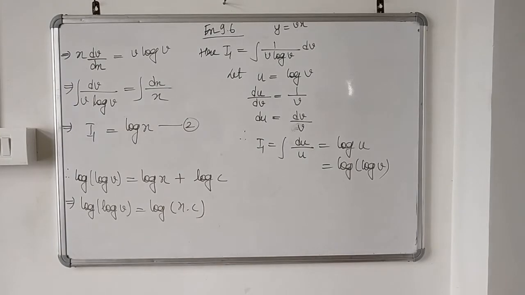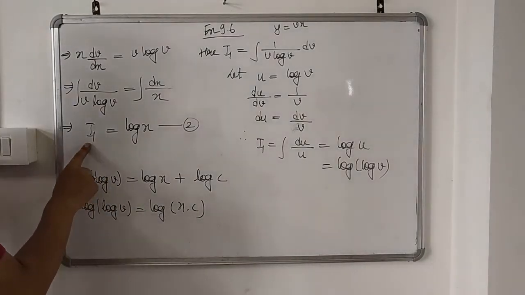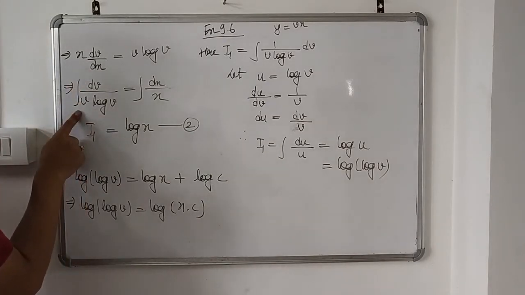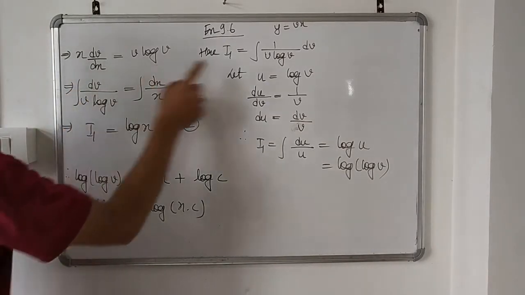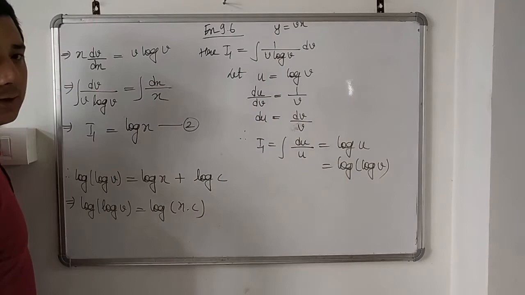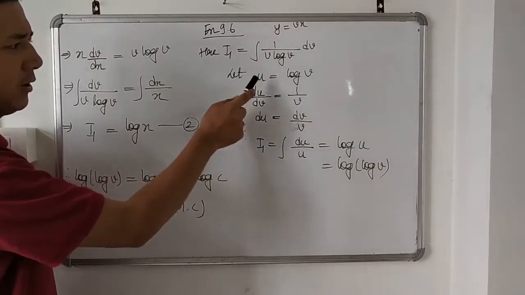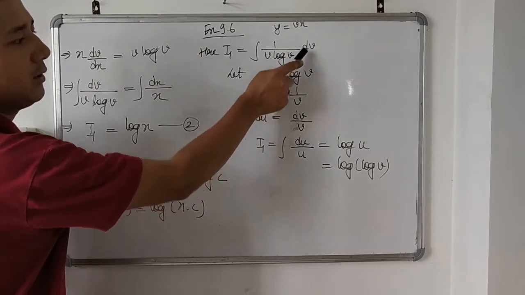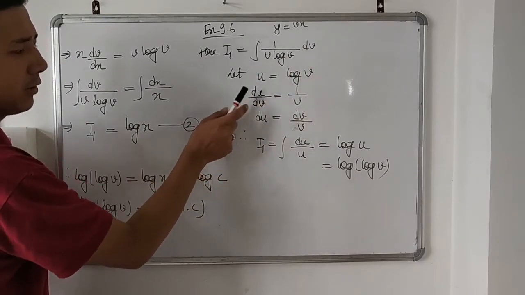Alright, so now please come back out here. I1 equals log x. Now I1 means the integral of 1 by (v log v) into dv. Now we know how to do this. Please substitute log v as any other variable, I have taken u. So u equals log v, differentiate with respect to v.